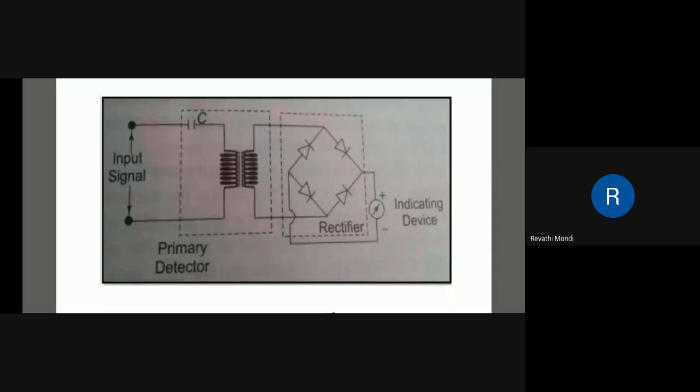In this, we observe the LC circuit. Initially, we apply the input signal to the LC circuit. LC circuit means an inductor and capacitor. That circuit is known as the LC circuit. In this concept, the LC circuit is used as the primary detector. Primary detector means it detects the input signals of a fixed range of frequency in the different versions of frequencies.